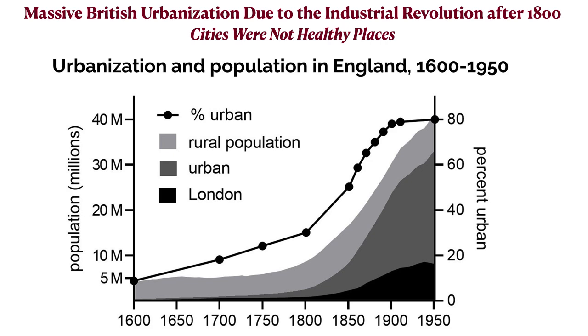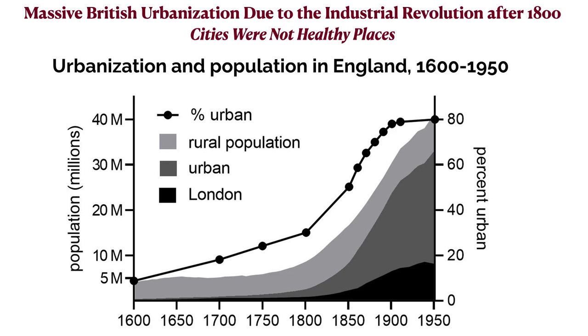So places like Manchester, Birmingham, Leeds, Sheffield, Liverpool, Glasgow have these just surging populations. A lot of them had been relatively small cities or even villages previously, but they become the center of these industrial production zones.